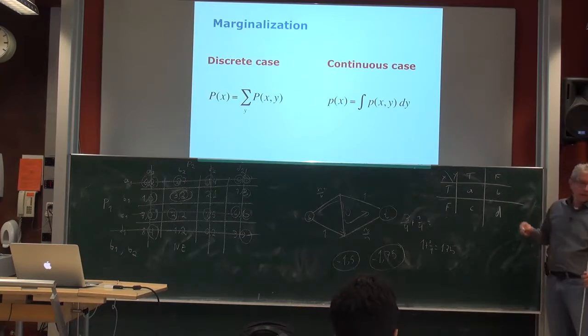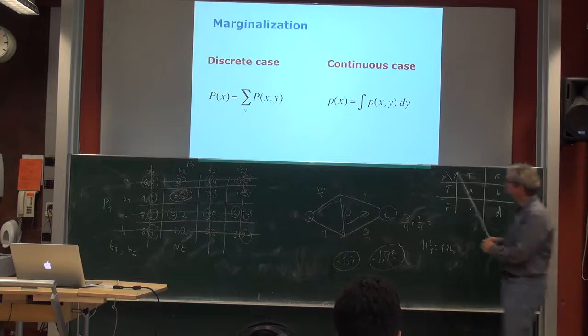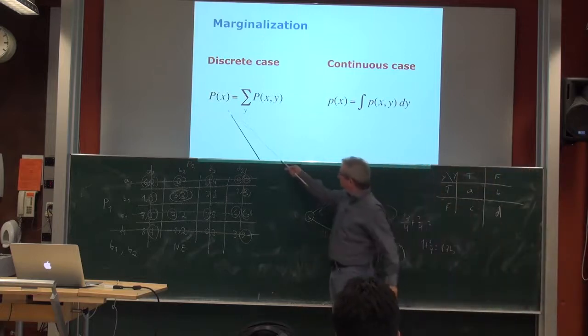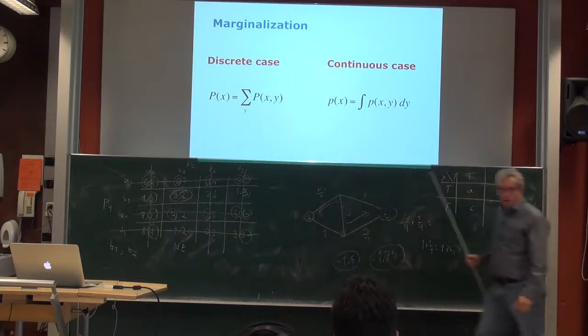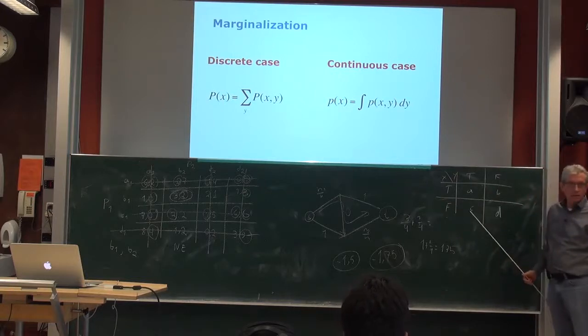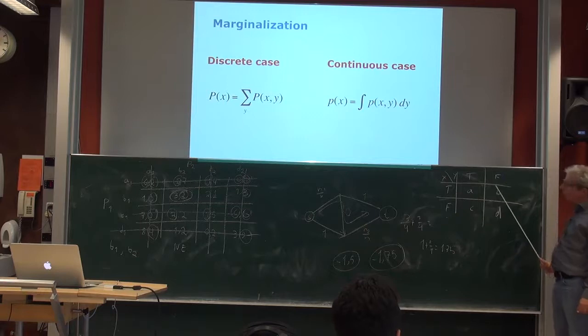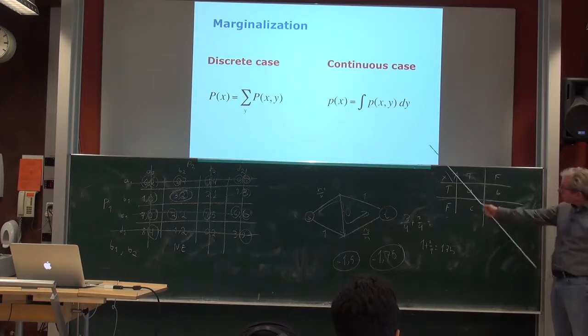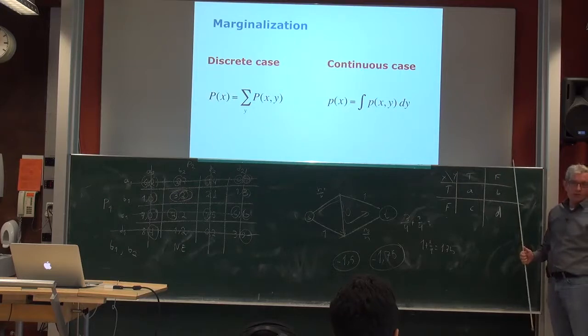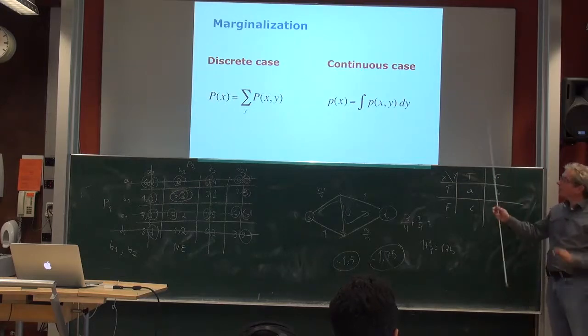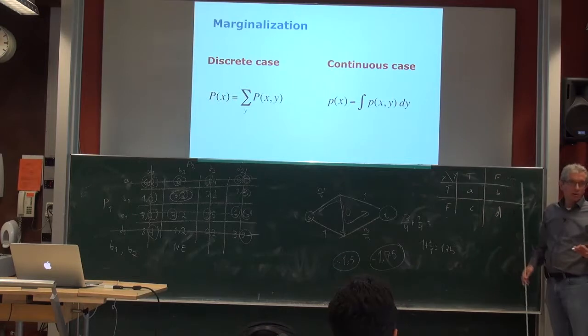And if you're now interested in the probability that x is true, how do you calculate that? A plus B. You basically take that row over here, and there you sum over both cases of y and take those corresponding entries from the table. This is what the law of total probability says, or this marginalization.